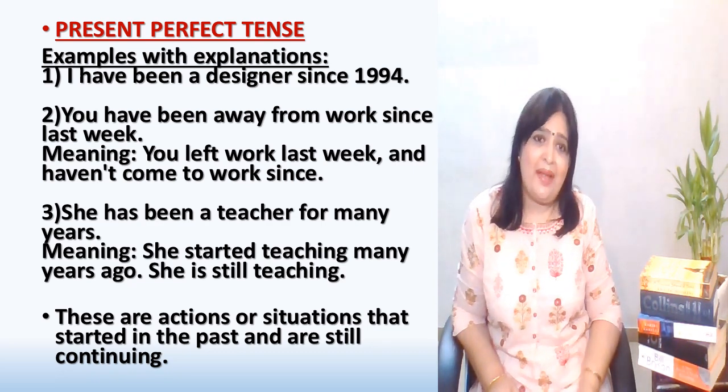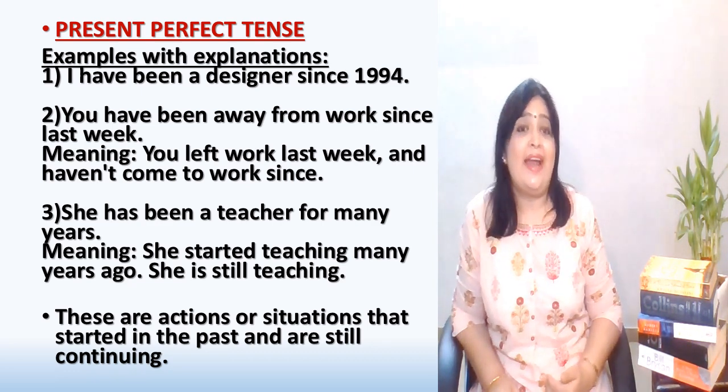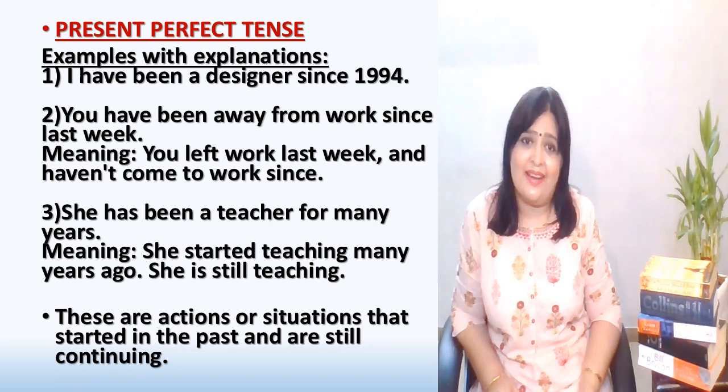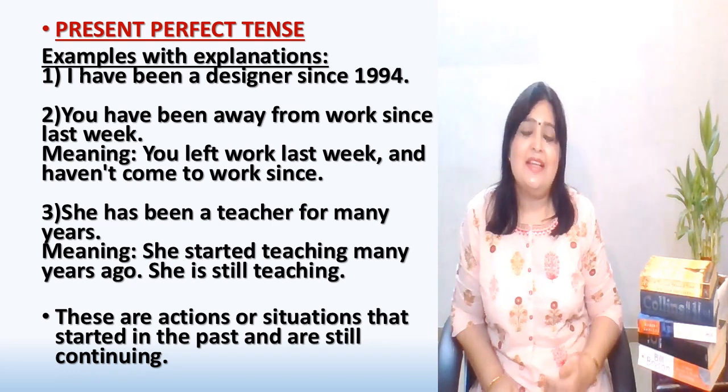So I started my career as a designer in 1994 and I'm still a designer. Then we use I have been a designer since 1994. So it continues and it's still going on.